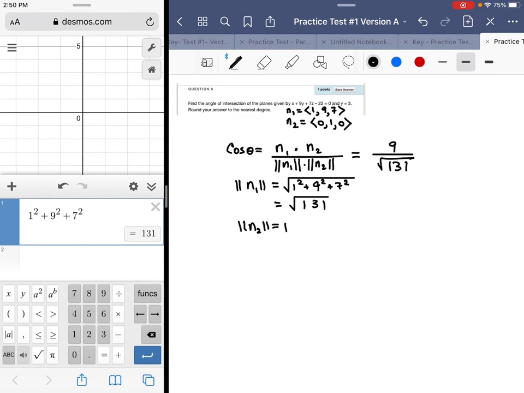So if I want to find the angle, I would say theta is the inverse cosine of 9 over the square root of 131.